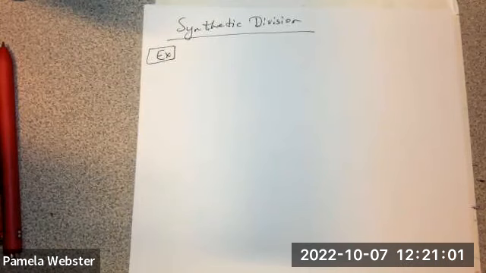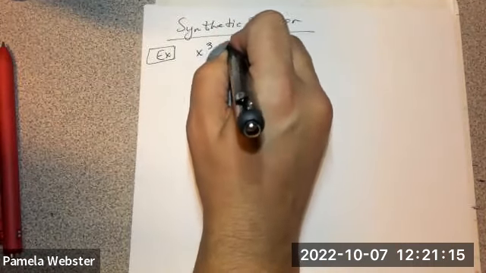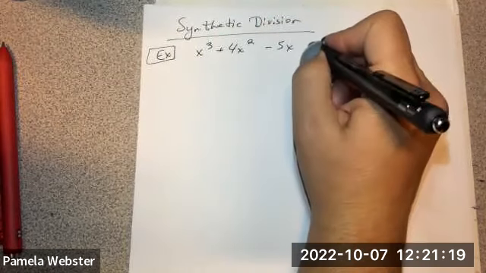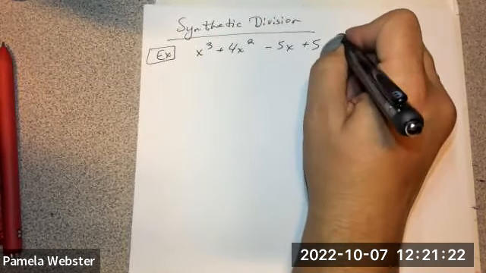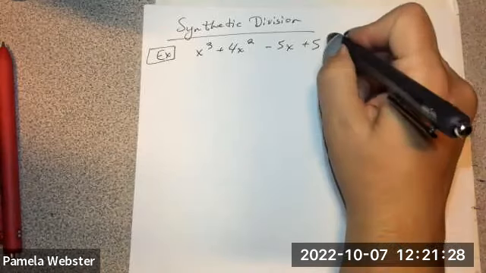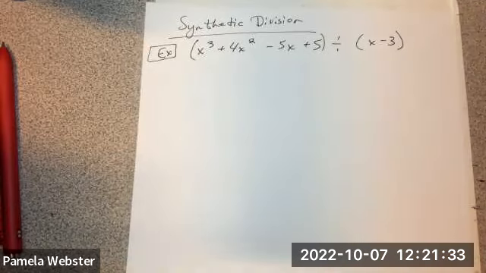It's just an easier way of doing division without having to write it up as this long division kind of thing, right? We have that long division we were saying. So here's what we're going to do. We're going to do x cubed plus 4x squared minus 5x plus 5, and we're going to divide that by x minus 3. Okay.